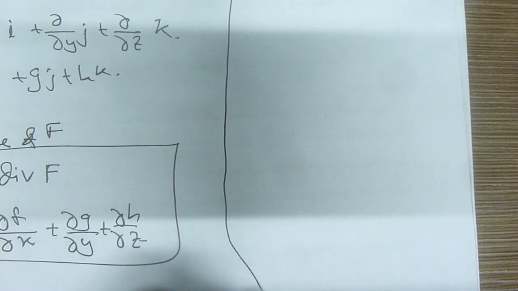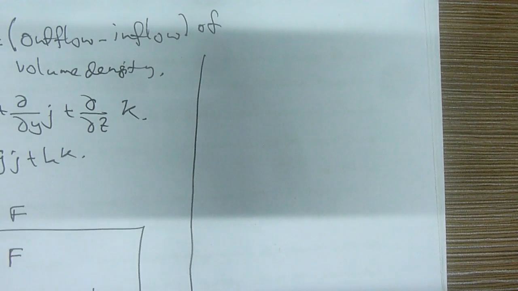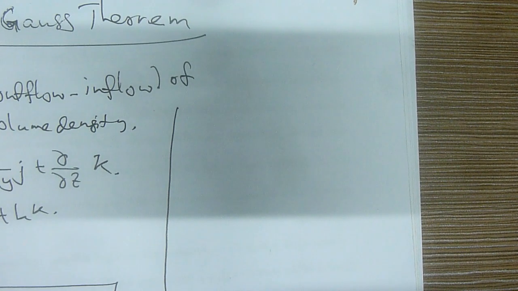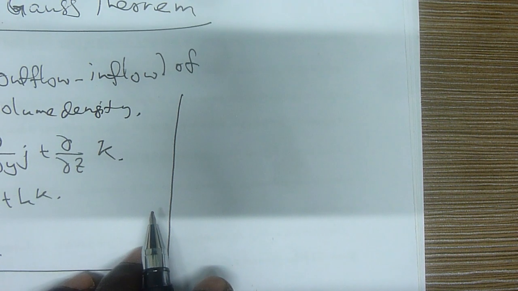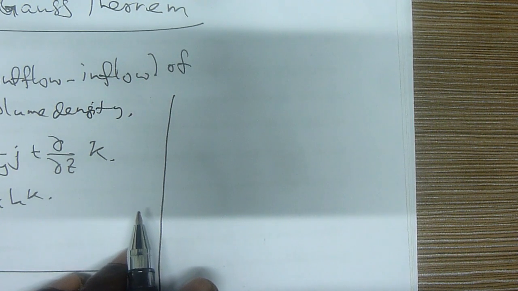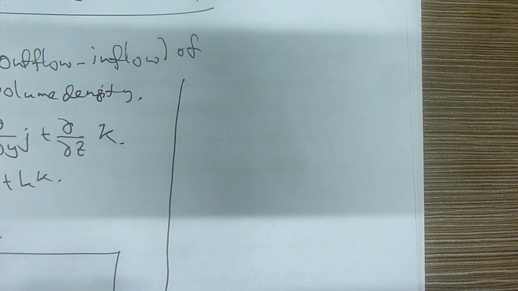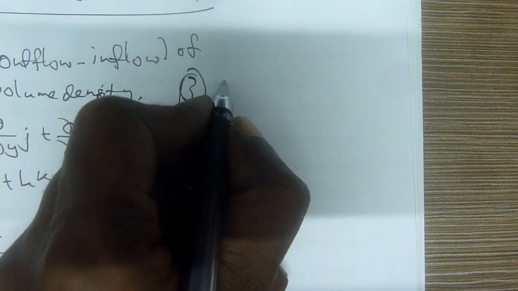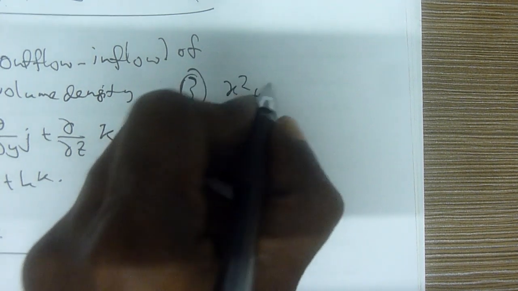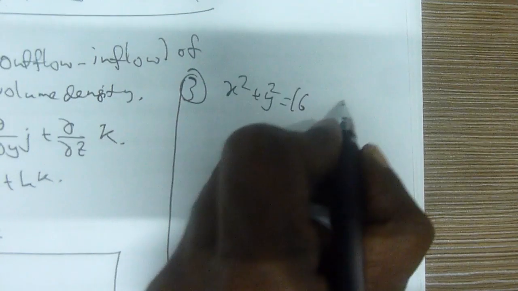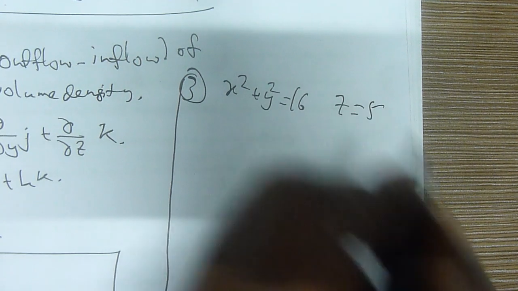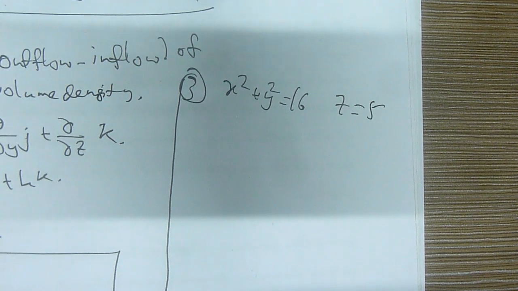Then let me use the same paper. It's not about saving the paper, but I want something that you can immediately refer to. Okay, number 3. Another kind of sketch that is very common is the cylinder. I give you an example in this particular case.